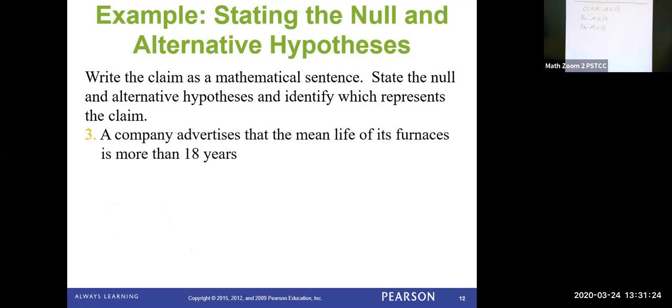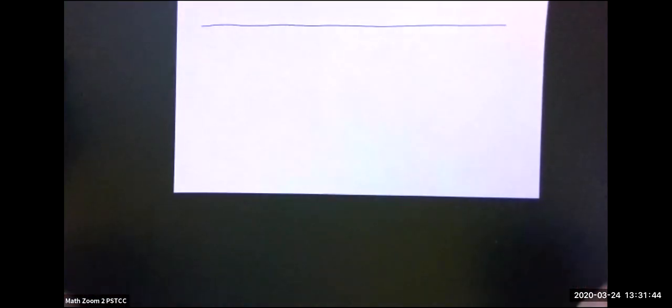Okay, let's look at one more example of this. A company advertises that the mean life of its furnaces is more than 18 years. So we're talking about these furnaces here. They claim that they last longer than 18 years.